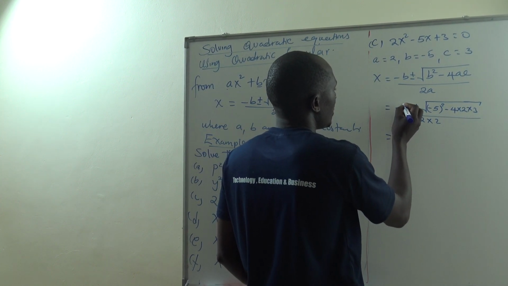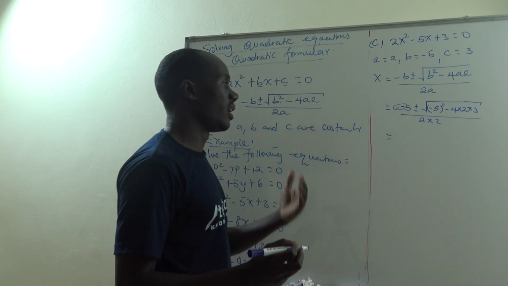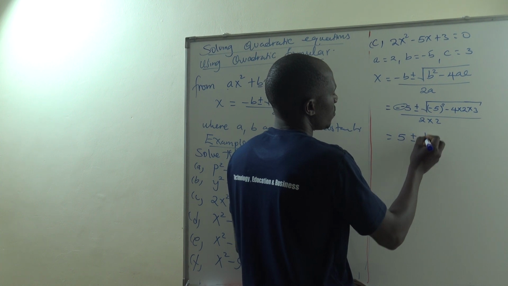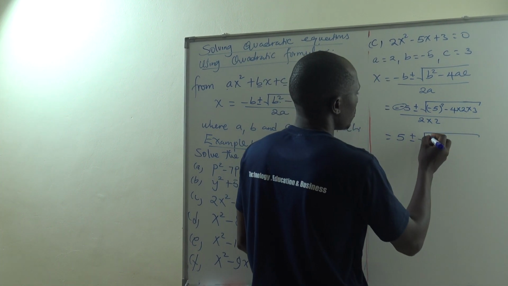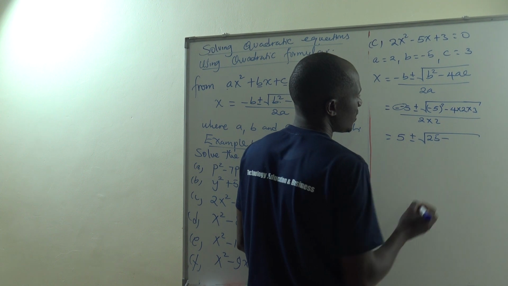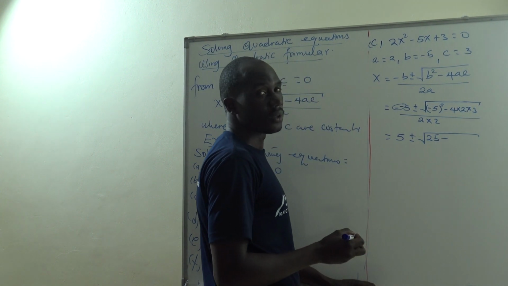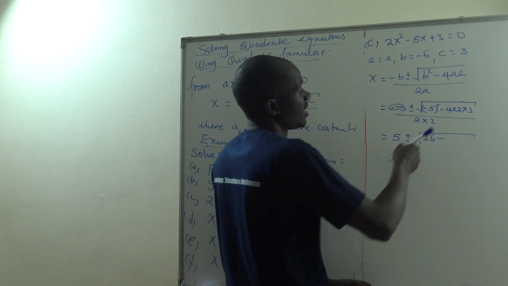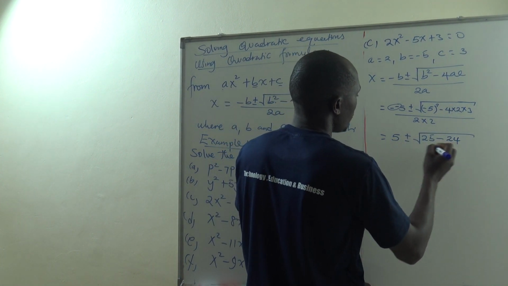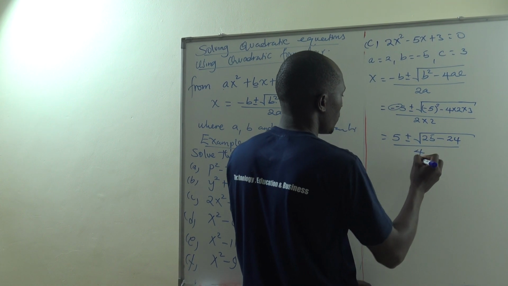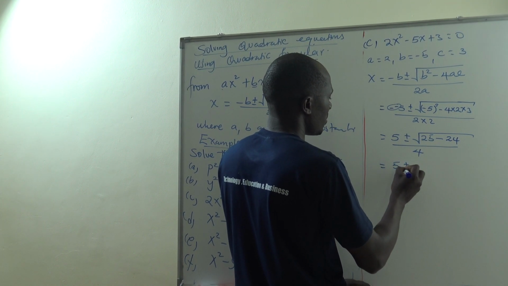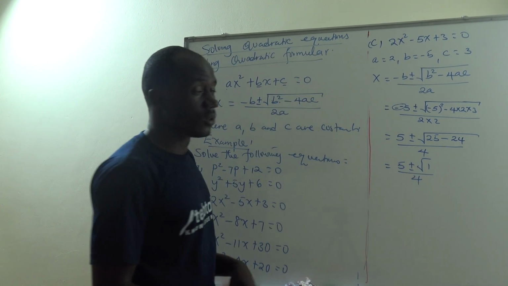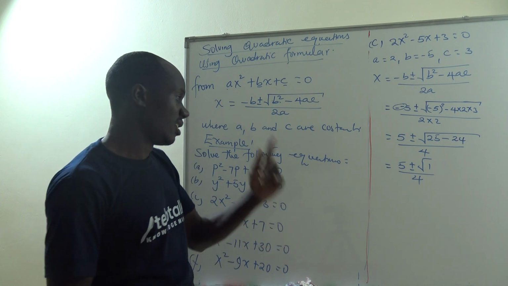We go ahead: a negative and a negative collide and it becomes a positive. We get 5 plus or minus root of 25 minus 4 times 2, you get 8, 8 times 3 you get 24, all over 4, which becomes 5 plus or minus the root of 1, all over 4. So the square root of 1 remains 1.